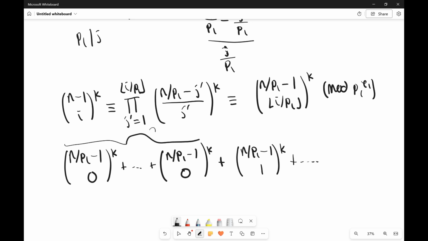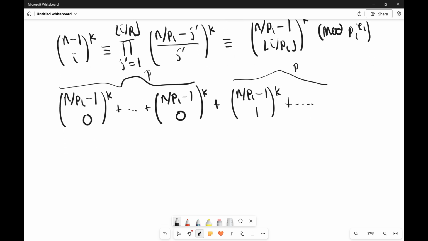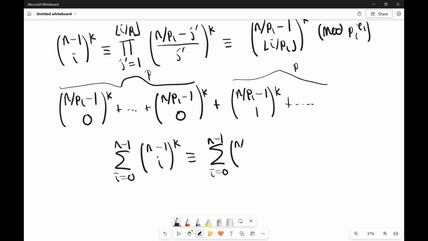And there are p of these, and then p of these. So our result is the sum from i equals 0 to n minus 1 of n minus 1 choose i to the k. It's equivalent to the sum from i equals 0 to n over p_l minus 1 of n over p_l minus 1 choose i to the k times p numbers per chunk, modulo p_l to the e_l.